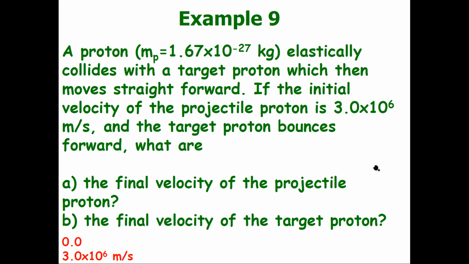If the projectile proton's final velocity is given and the target proton bounces forward, what is the final velocity of the projectile proton? Straight away, you don't have to think, it is 0. Then we look for the final velocity of the target proton.